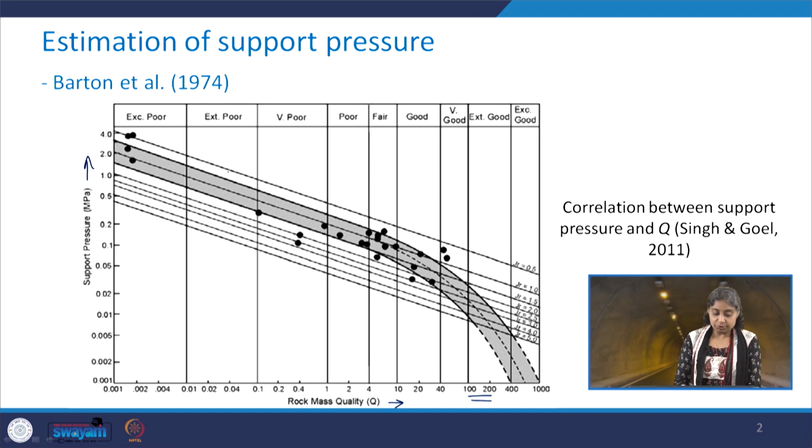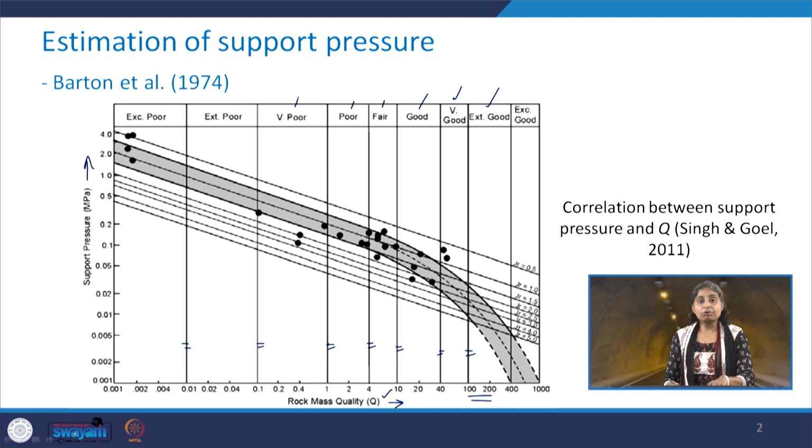Here you can see a few vertical lines, which are based on the various ranges of Q corresponding to the different quality of the rock mass, such as extremely good, very good, good, fair, poor, very poor, and so on.